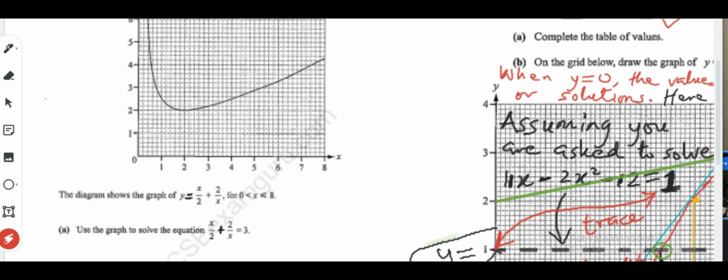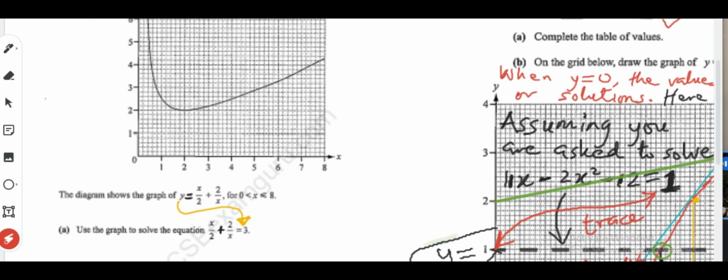And you are asked to find the same thing, x over 2 plus 2 over x, but this time around equals 3. If you notice, what has changed? Y equals 3. So it simply means y is equal to 3, because this whole place is still here. Now y is being replaced by 3.